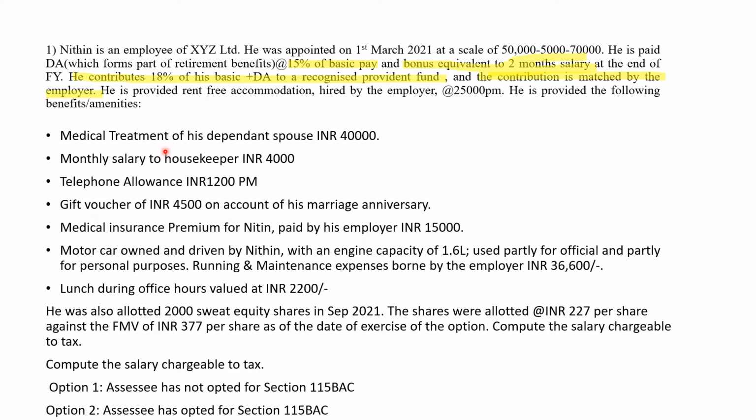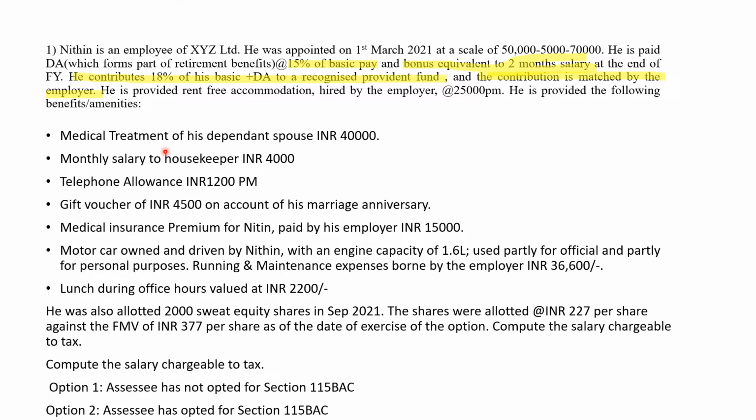Next, motor car owned and driven by Nitin with an engine capacity of 1.6 liters, used partly for official and partly for personal purposes. Running and maintenance expenses borne by the employer, rupees 36,600. Lunch during office hours valued at 2,200. So these are the amenities which are provided to Nitin.